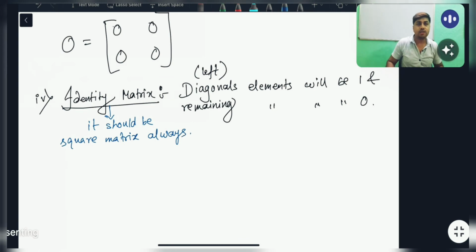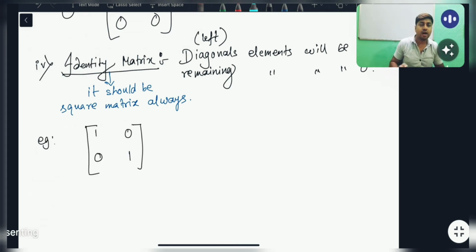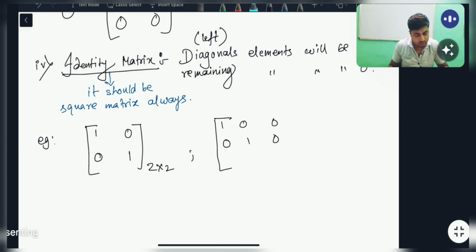Without a square matrix there is no identity matrix, okay? So for example, suppose 1 0 0 1. You can see that the diagonal elements are 1. That is the 2 cross 2 order. Then 1 0 0, 0 1 0, 0 0 1. Diagonal elements are 1. See, along the left diagonal all elements are 1. That is the order of 3 cross 3, that means 3 rows and 3 columns.